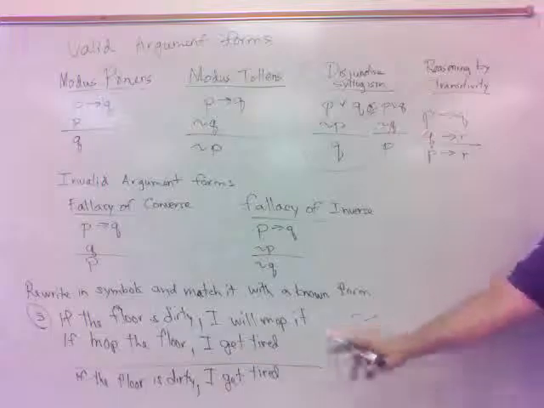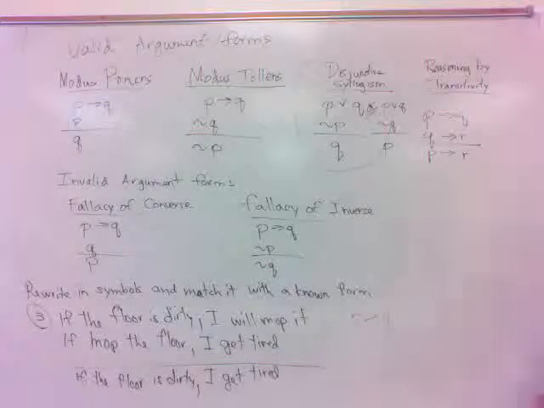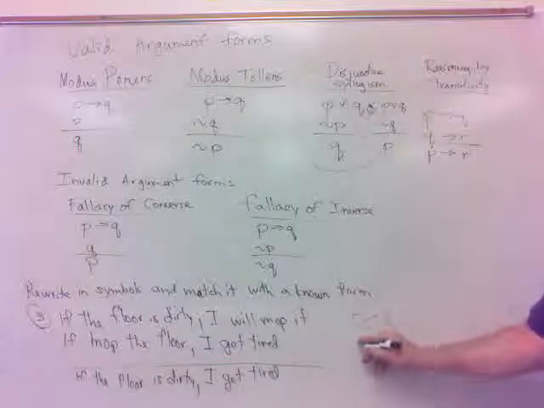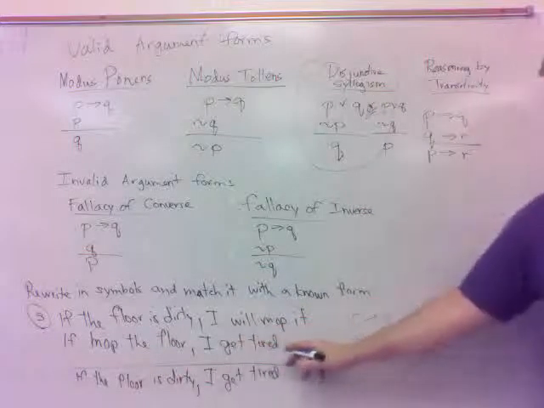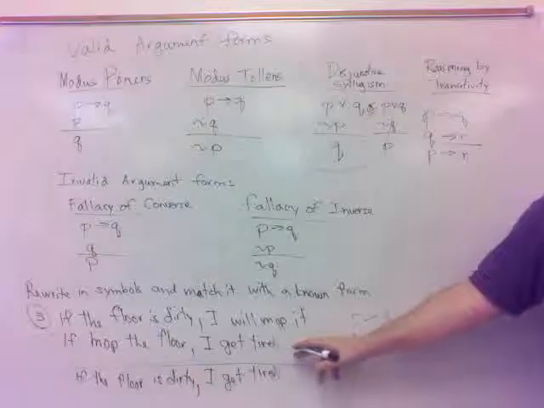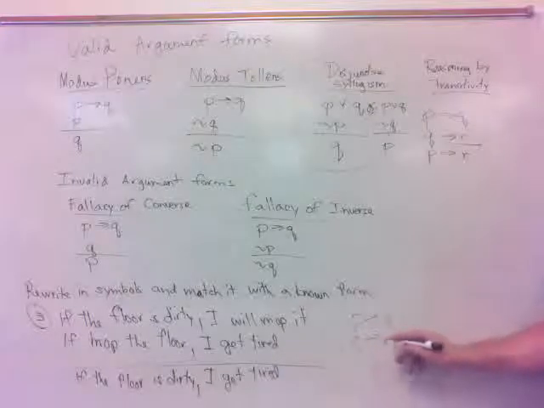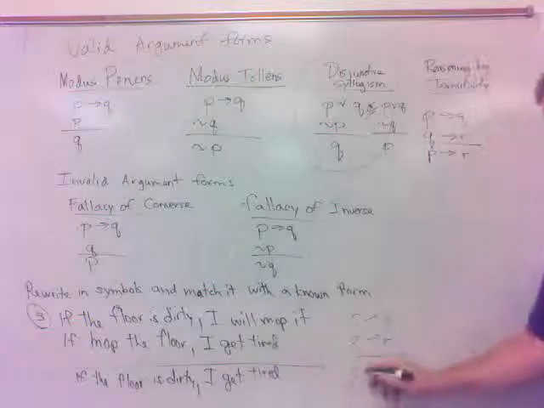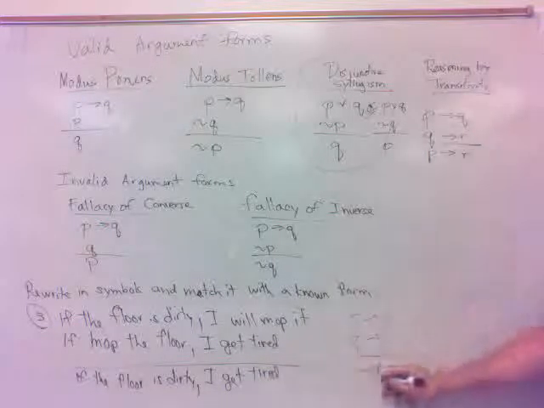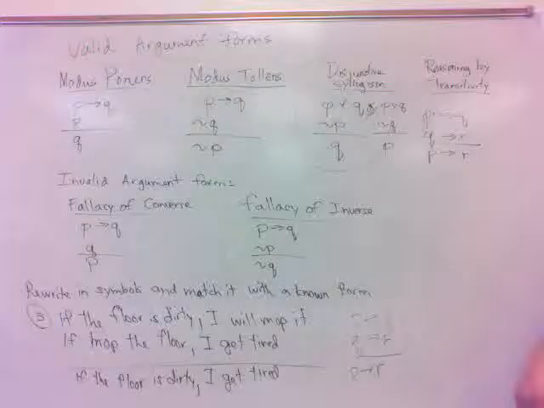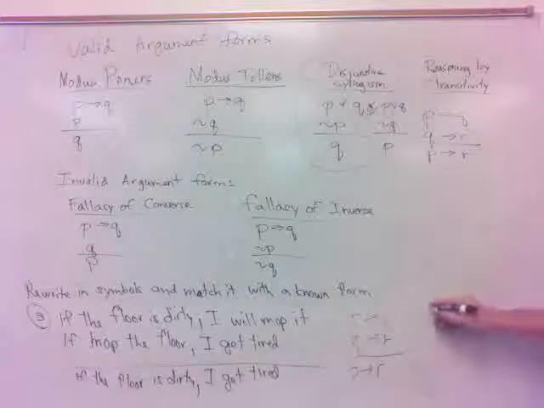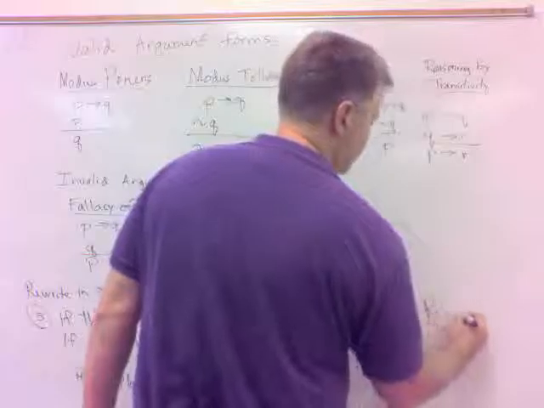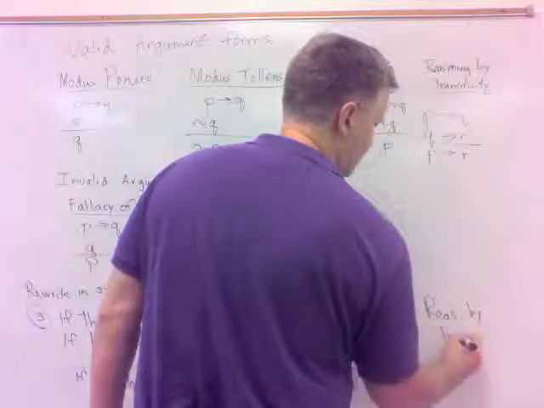But what's the second premise? I start with Q, don't I? I mop the floor, which is Q. And then I go arrow to another statement, I get tired. That's a totally different statement, so that's R. And then notice the conclusion: the floor is dirty, that's P, arrow, I get tired, that's R. That's reasoning by transitivity, which is valid.